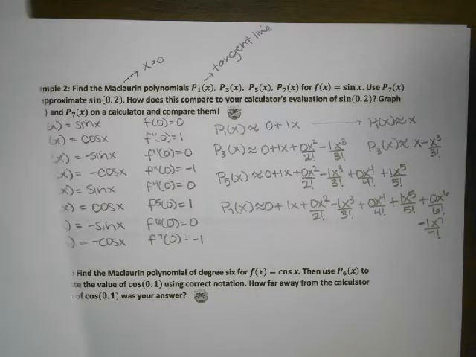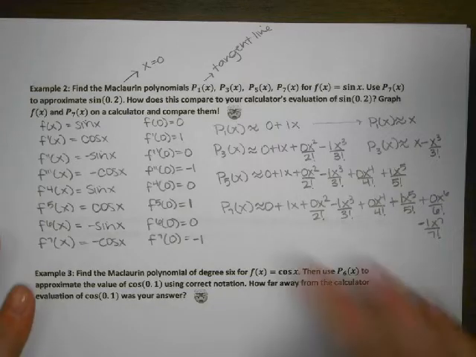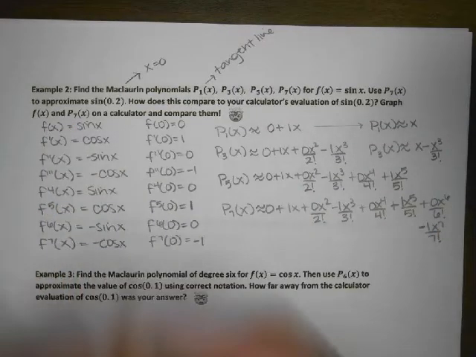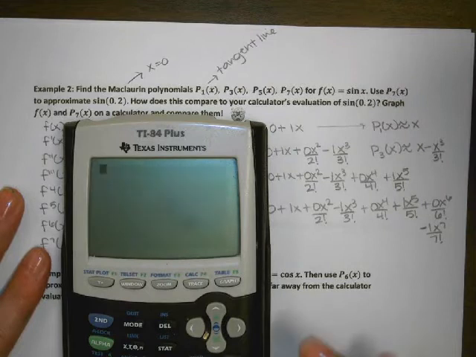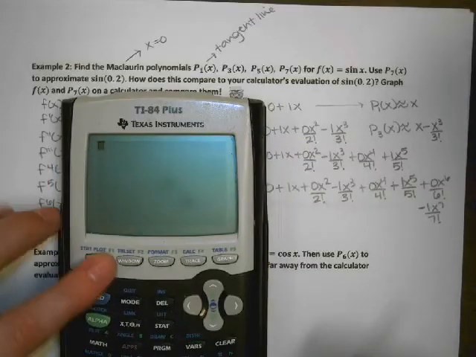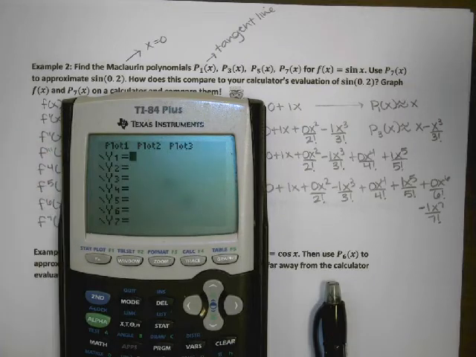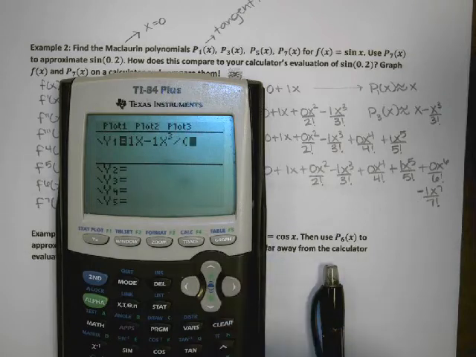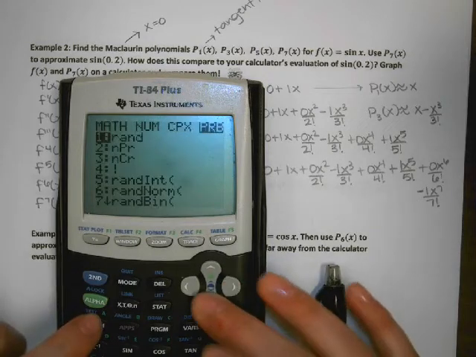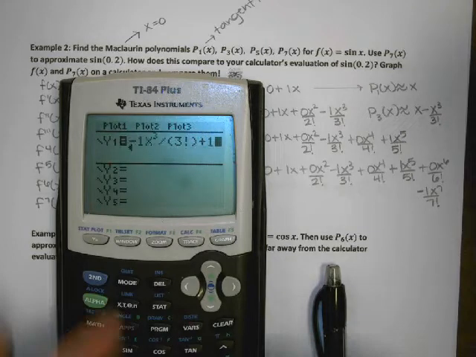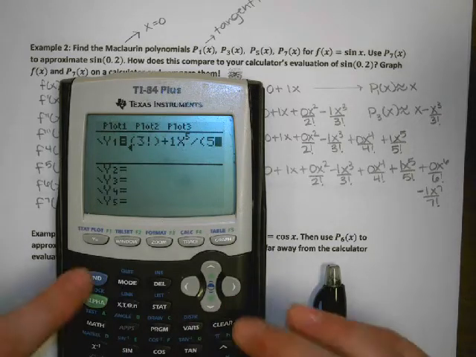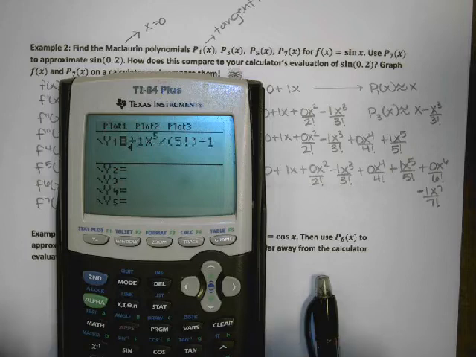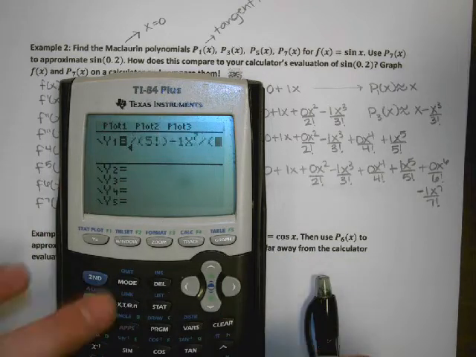Okay, so now it wants us to evaluate this at 0.2, and it wants us to graph the original function and the polynomial. So instead of plugging that polynomial in twice, I'm just going to go ahead and graph it. So I'm going to do 1x minus 1x to the third divided by 3 factorial plus 1x to the fifth divided by 5 factorial minus 1x to the seventh divided by 7 factorial.